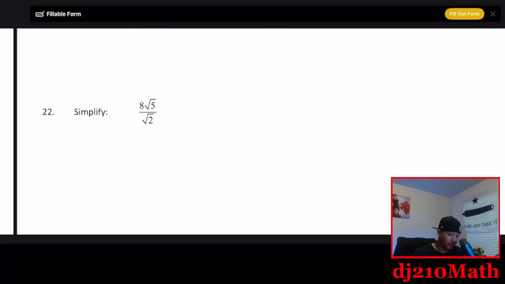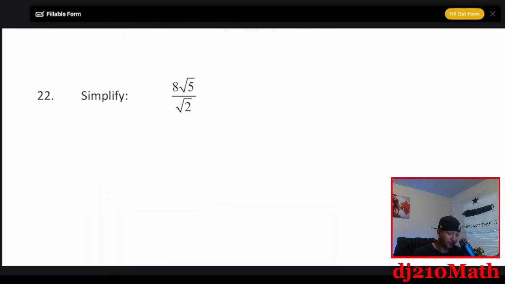Okay, 22. Simplifying. This is a quick one. So again, square roots on the bottom is bad. So I'm going to multiply by whatever is down there. In this case, it's root 2. So this is going to be 8 root 10 over 2.